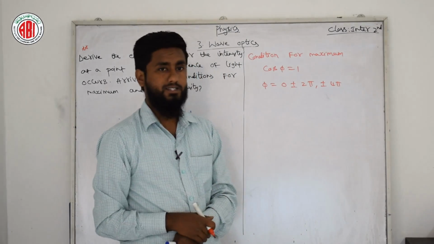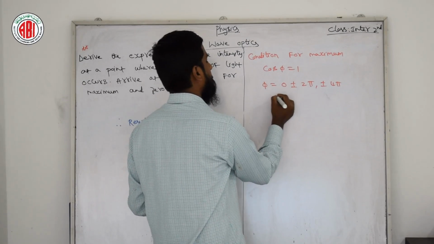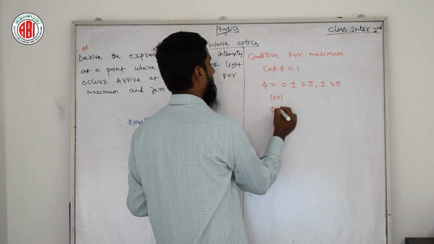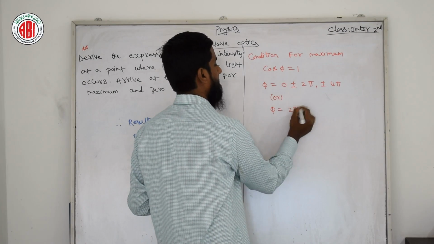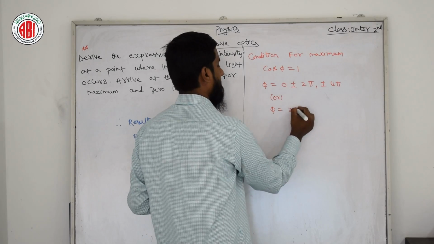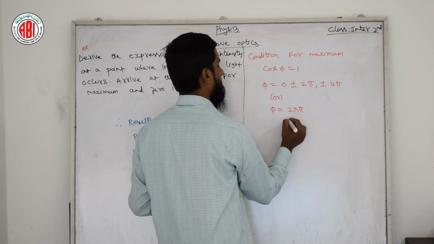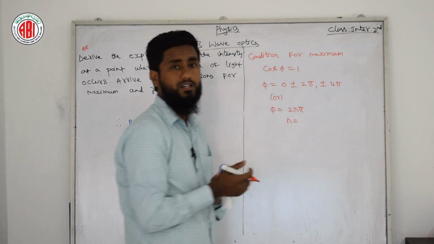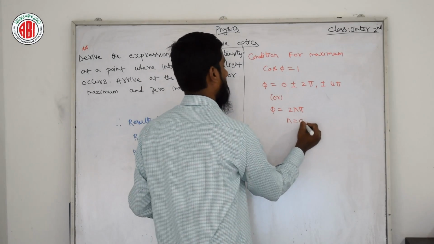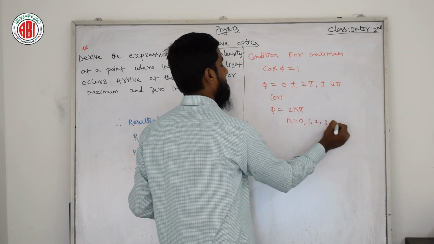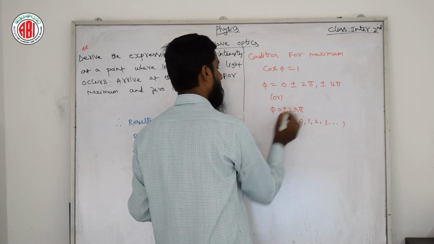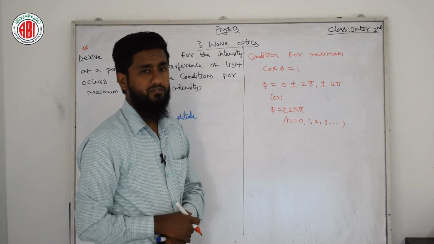Or we can say phi is equal to 2n pi, where n is 0, 1, 2, 3 and so on, and the symbol is plus or minus 2n pi.